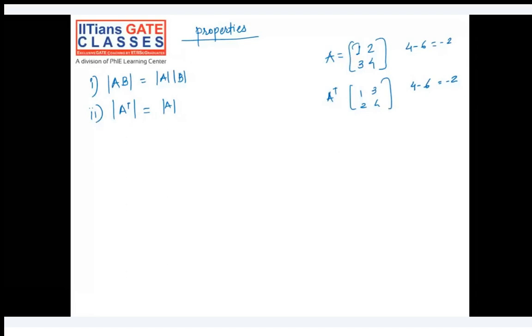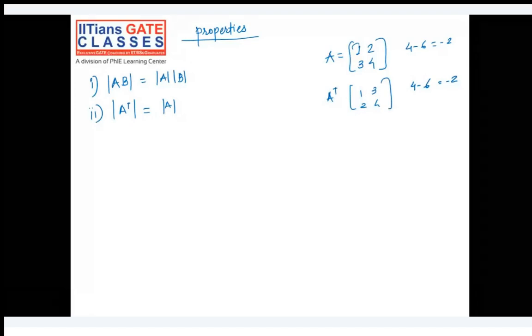Considering the time available to solve each question, you may get 4 cross 4 or 5 cross 5 matrices in the rank topic, where we have to find the rank of the matrix, but not in the determinants. But in short, we can find the determinant for higher order matrices as well.